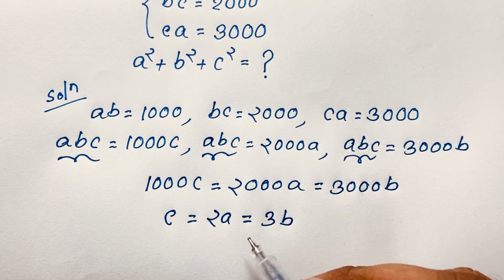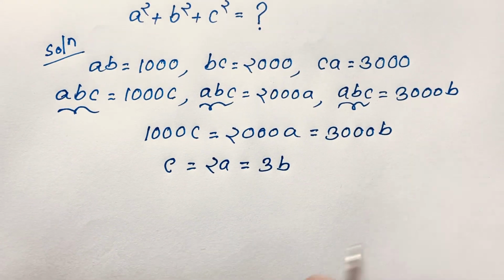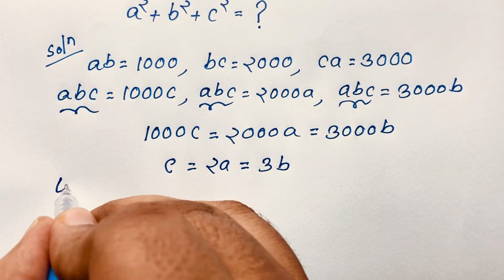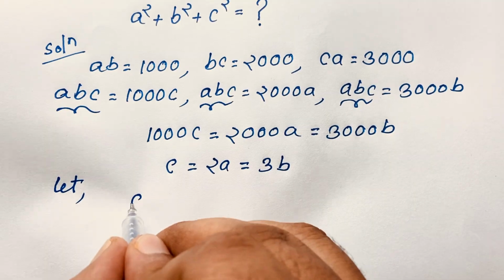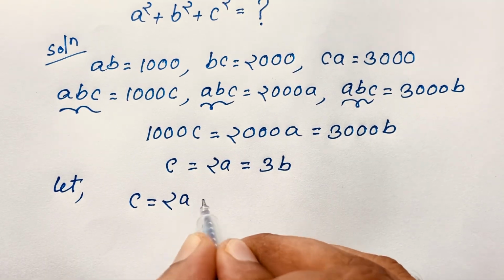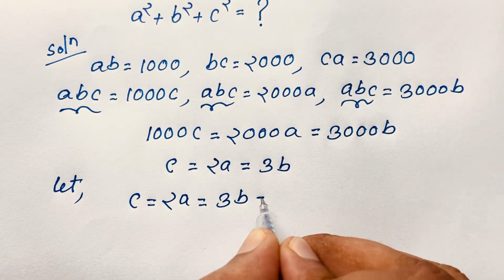So we find out C is equal to 2A is equal to 3B. So at this moment let us suppose that C is equal to 2A is equal to 3B is equal to K.